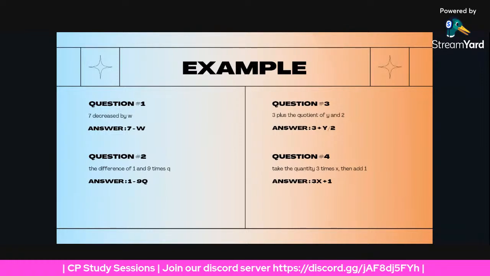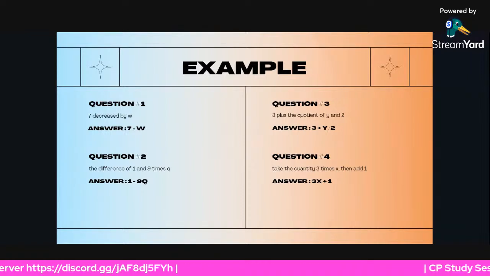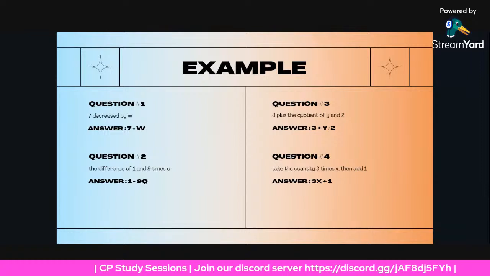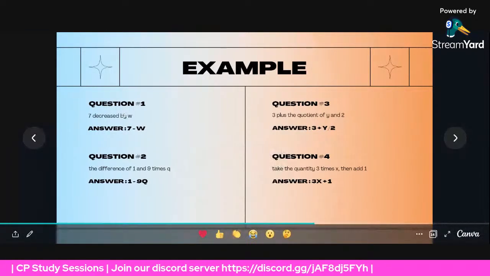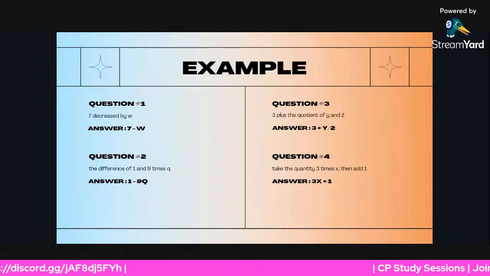So, take note, kapag yan yung ginamit na keyword, ang una dapat na makikita sa expression nyo is yung term na nasa unahan minus yung term sa kanan. Nag-a-apply din siya sa addition.